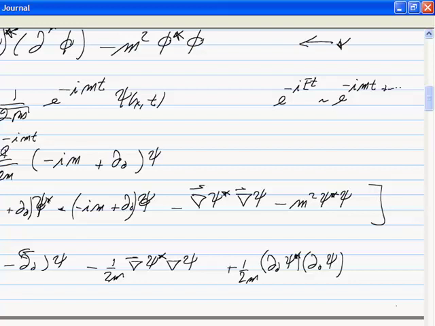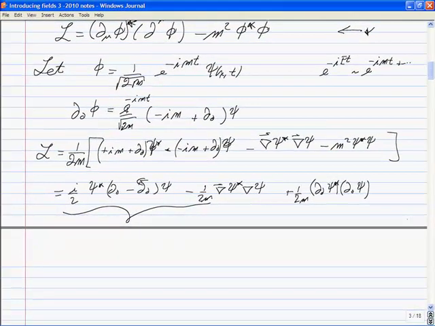So the first pieces here are exactly the Schroedinger equation Lagrangian that we had before. And the last thing to do is just to say why the last piece disappears.